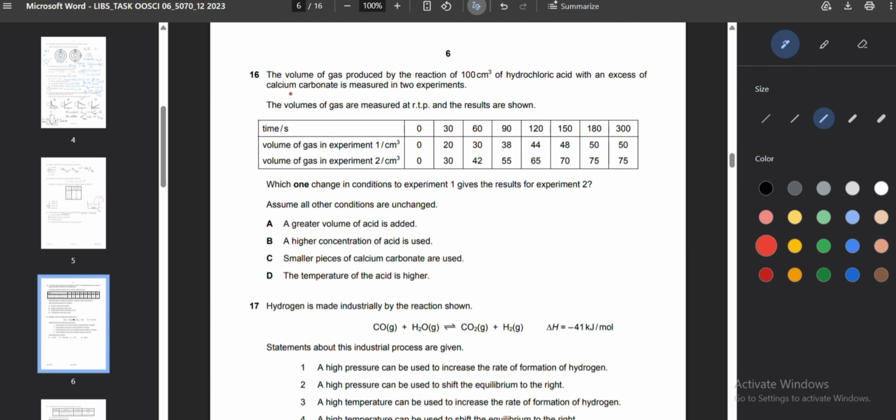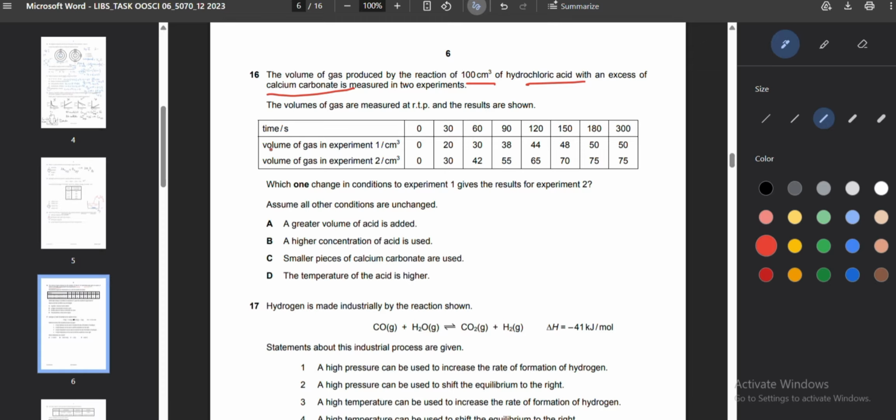Question number 16 is that the volume of the gas produced by the reaction of 100 centimeter cube of hydrochloric acid with excess of calcium carbonate is measured in two experiments. The volumes of the gas are measured at room temperature and pressure, and the results are shown below.